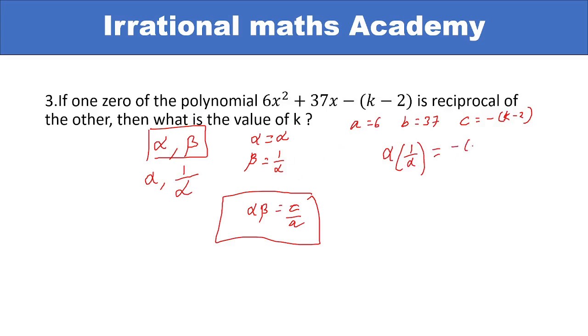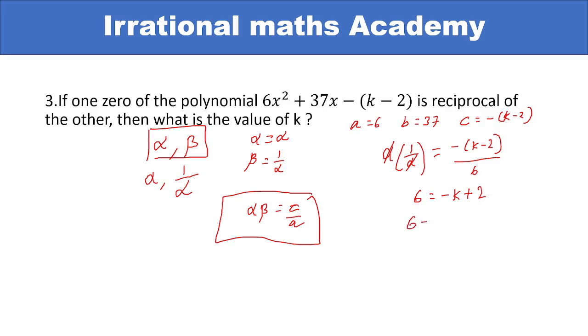So minus K minus 2 by A value is what? 6. Alpha gets cancelled and 1 is left. If I transpose the 6 to this side, it becomes what? 6. Outside minus is there. If I multiply, what I'll get here? Minus K and plus 2 I'll get. I'll transpose this 2 to this side.